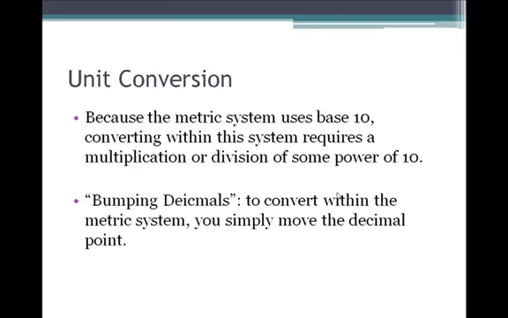And so what that turns out to be is a simple movement of decimals, or bumping decimals. We basically move the decimal point to the left or to the right by whatever power of 10 we're converting to.